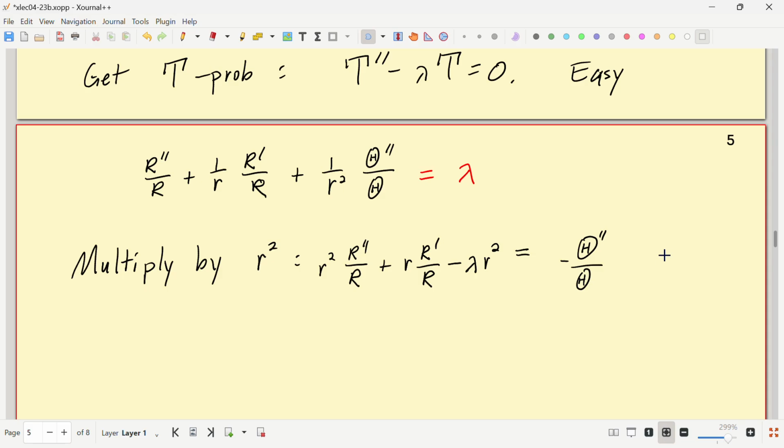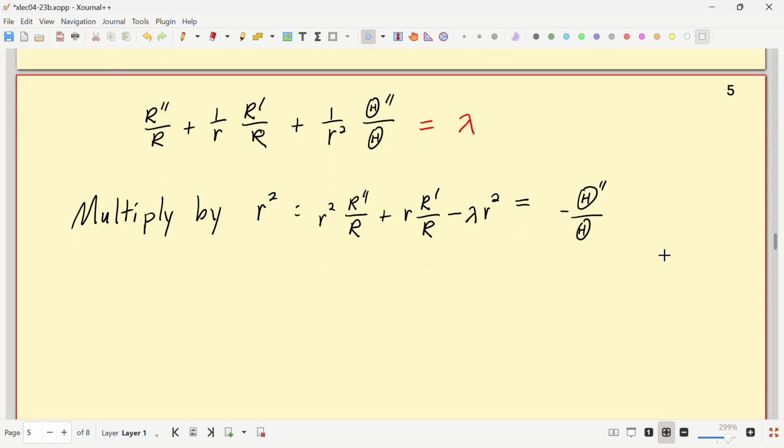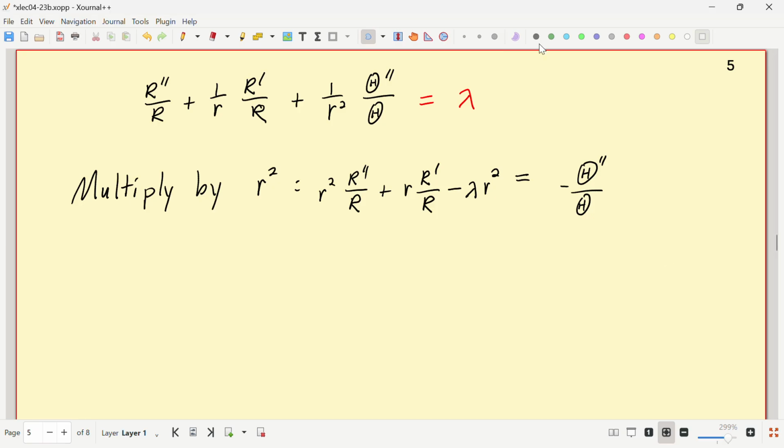So I multiplied by r squared, and I pulled all the r stuff to the left and put all the theta stuff to the right. And so now I realize, aha, once again, I have a function of r equal to a function of theta.